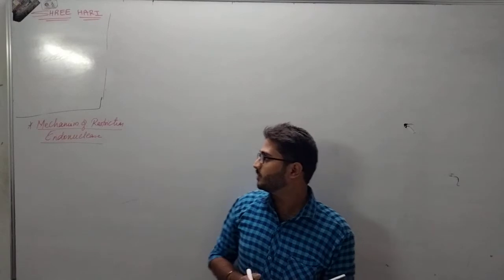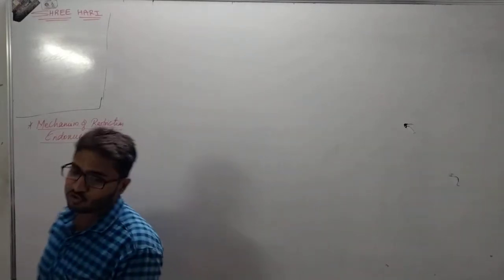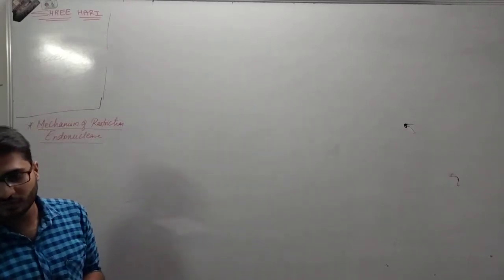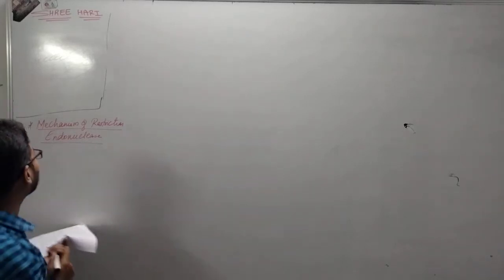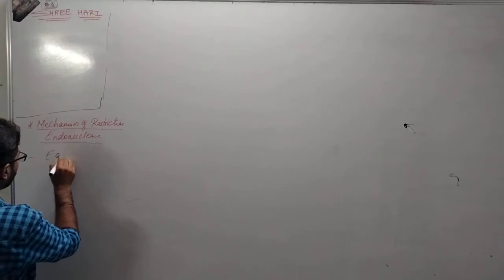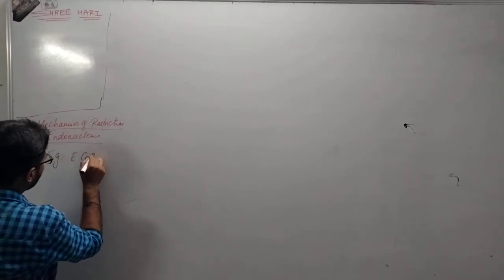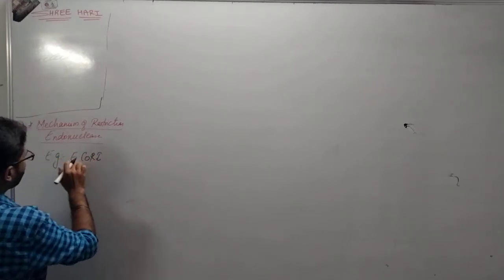Let us discuss the mechanism of action of the restriction endonuclease enzyme. We know that this enzyme has a specific sequence called the restriction site or restriction sequence. We'll take the example of the EcoR1 enzyme.